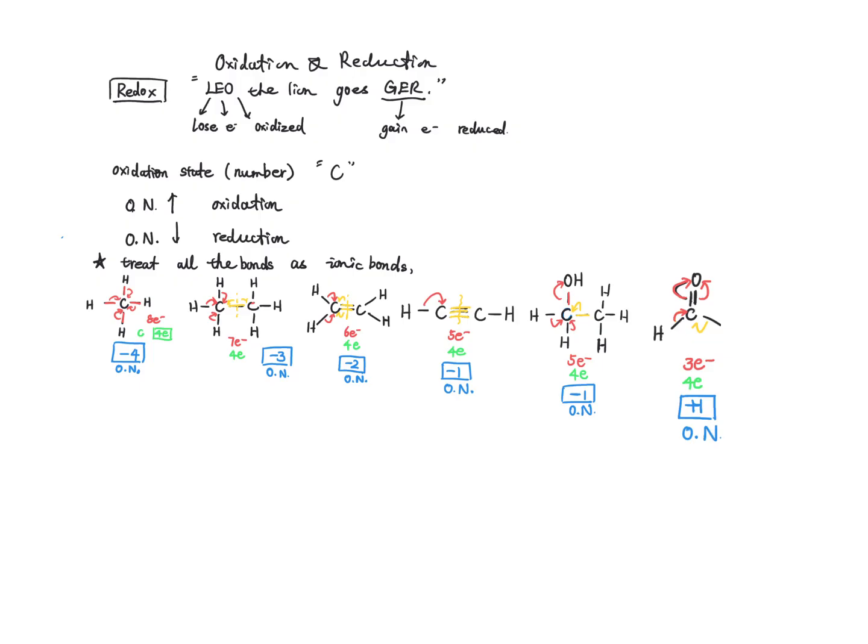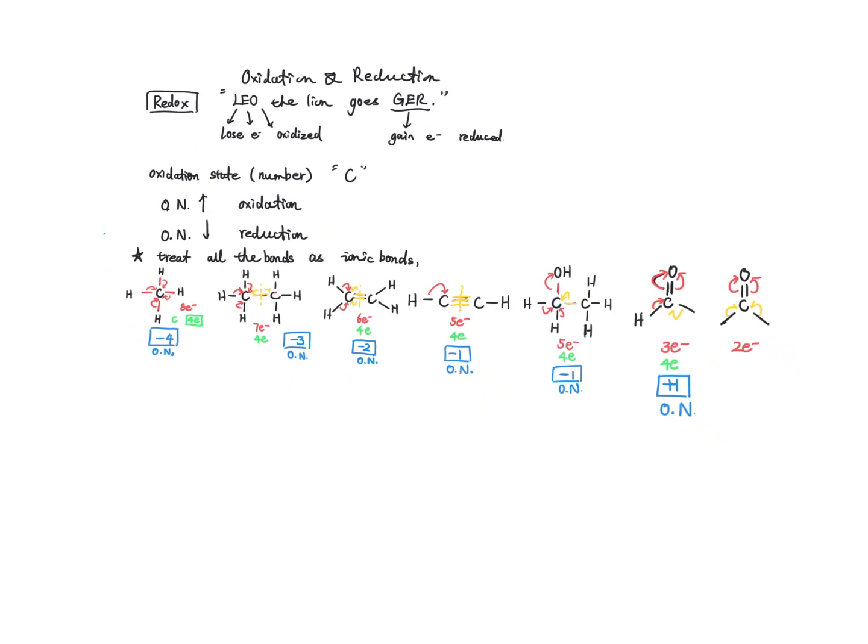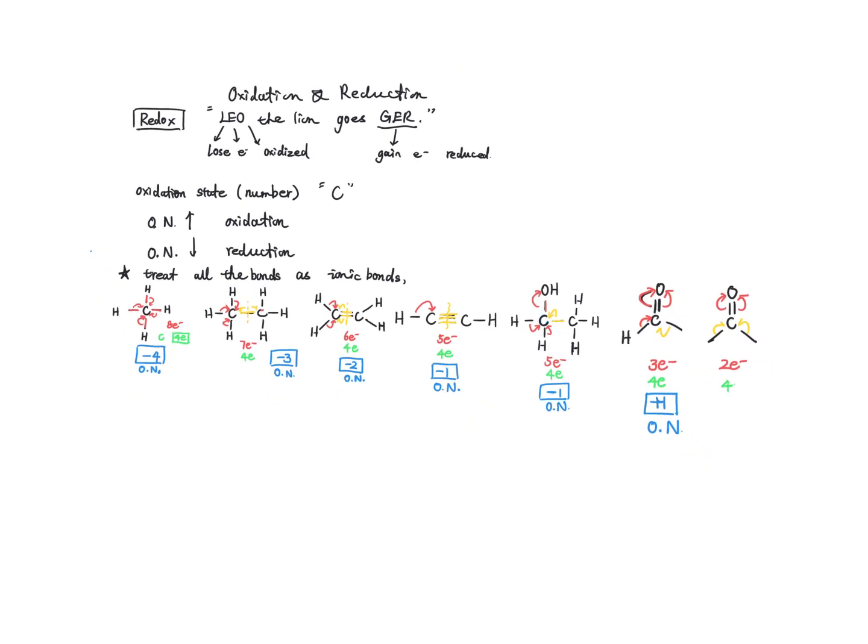And we can make this even more oxidized. If we have a carbon-carbon bond and a carbon-oxygen double bond, now these electrons go to oxygen, carbon gets none, and for carbon-carbon, each bond gives carbon 1. So here, carbon only has 2 electrons belonging to it in terms of assigned oxidation number, and compared to 4, this here is +2 as oxidation state.